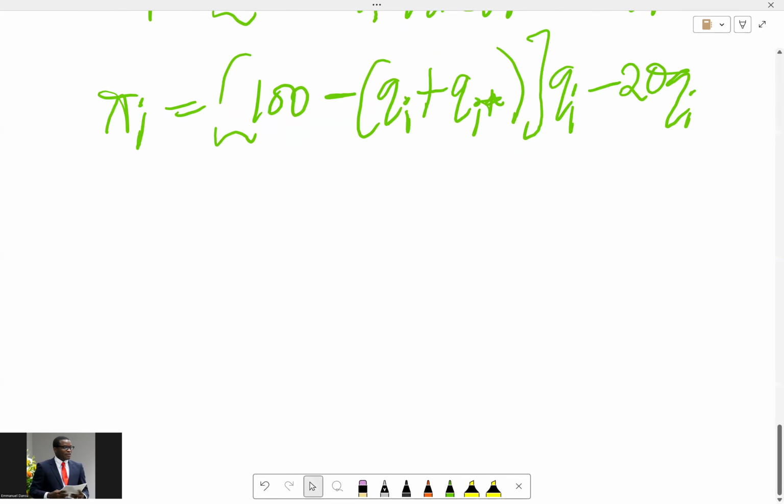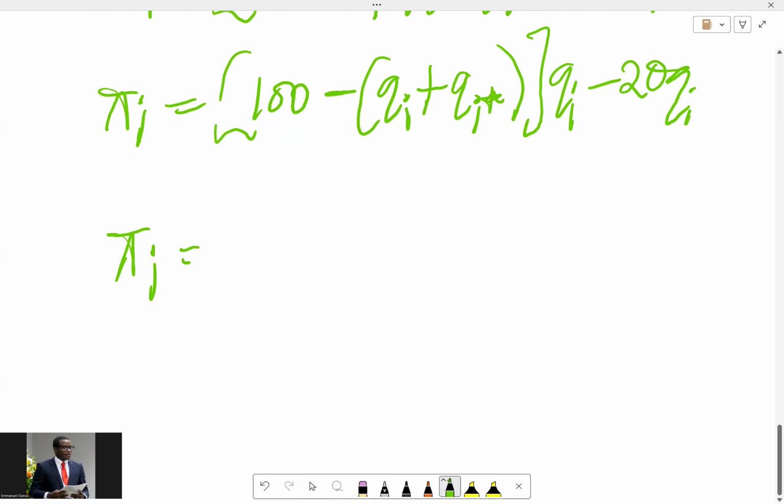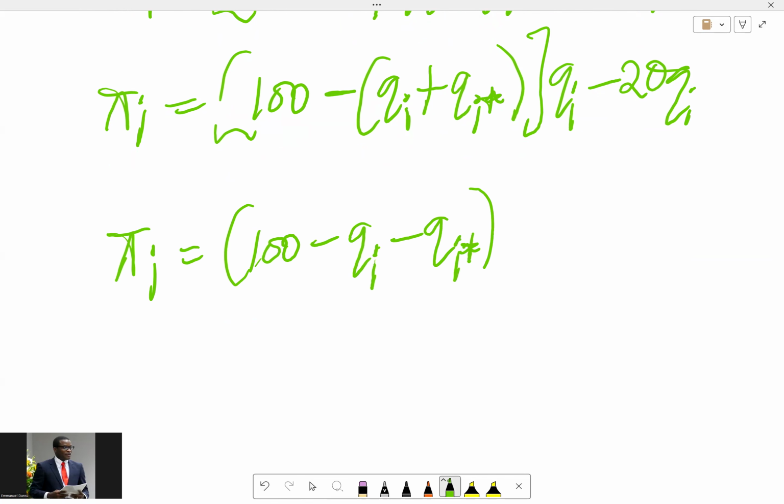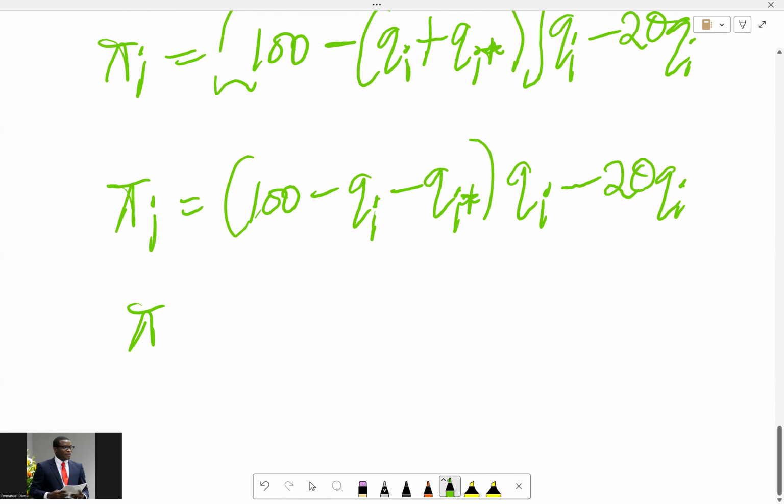So we can tidy this profit function up. So pi i is 100 minus Qi minus Qi star, multiplied by Qi, minus 20 Qi.